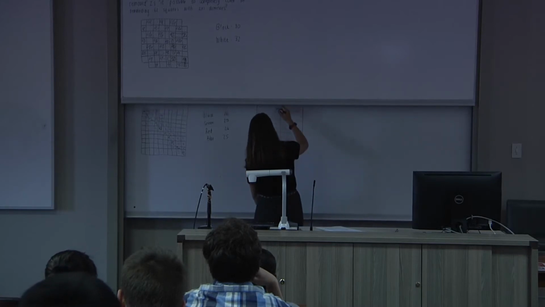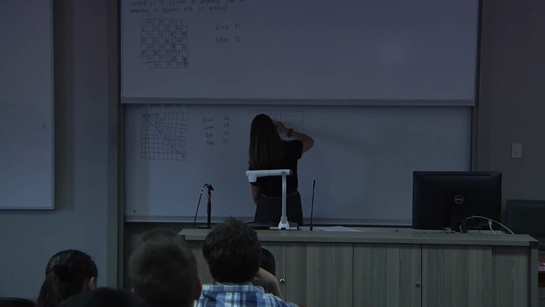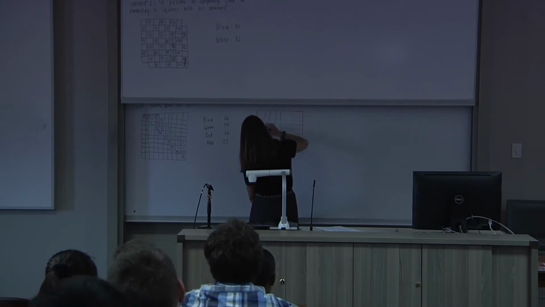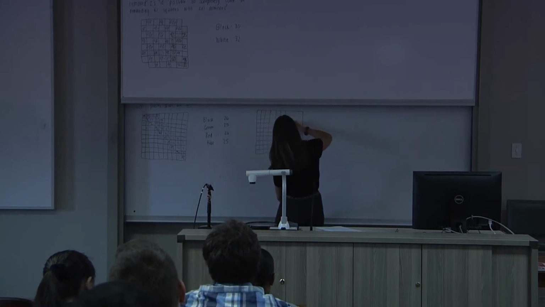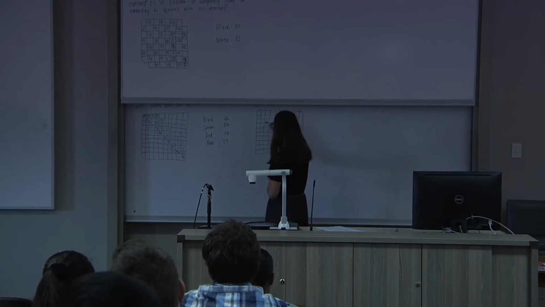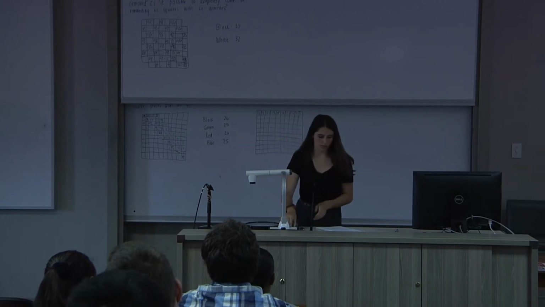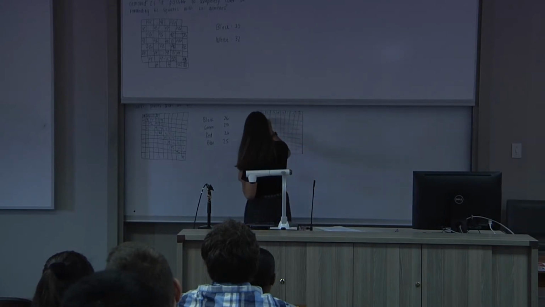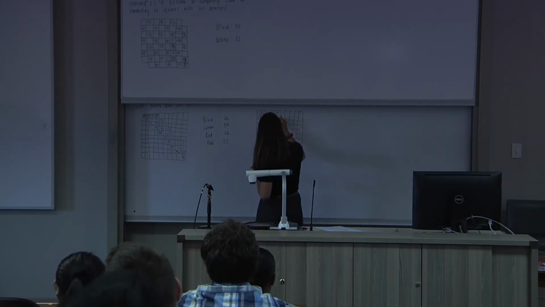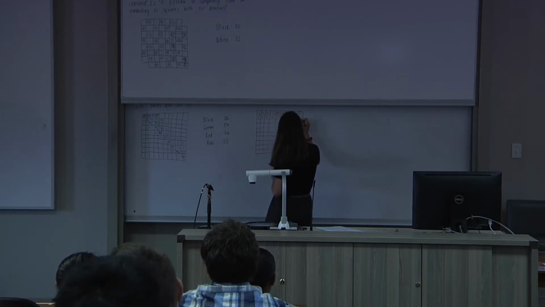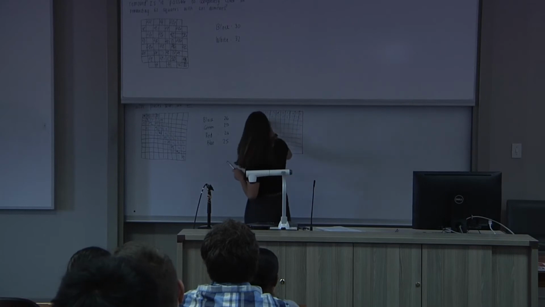Okay. Almost done. Okay, so you said make the first row black. Then the next one blue. Green and red, right?